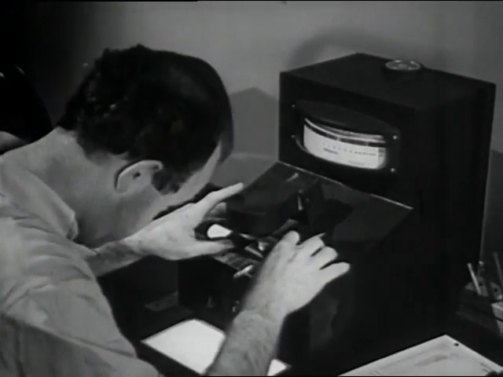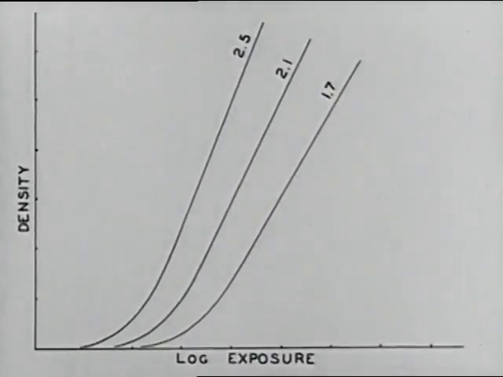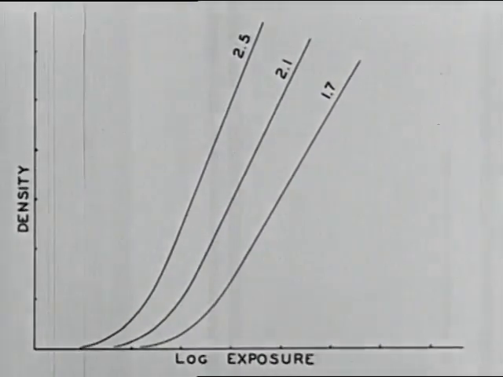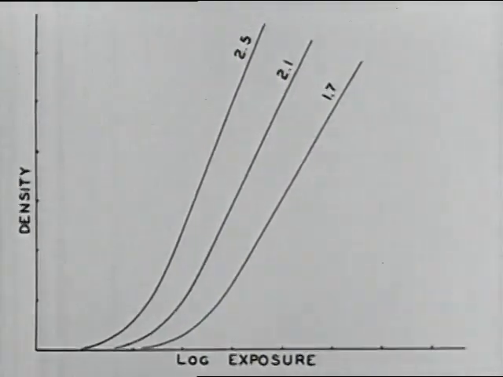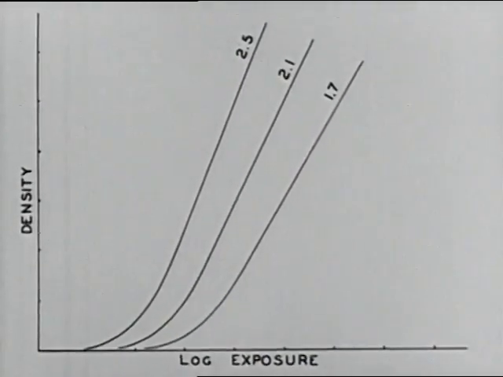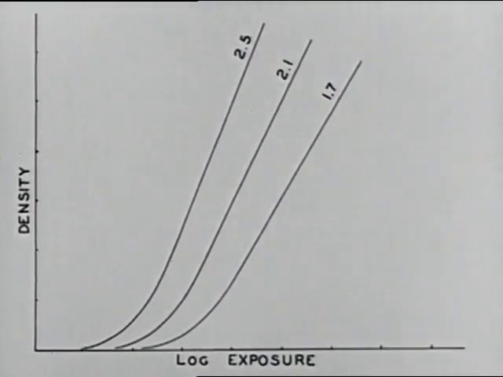The slope of the curve is a measure of the photographic contrast, or the difference between light and dark tones of the picture. The curve on the right corresponds to low contrast, as shown in the following picture, which is soft and flat, having too little difference between the tones.